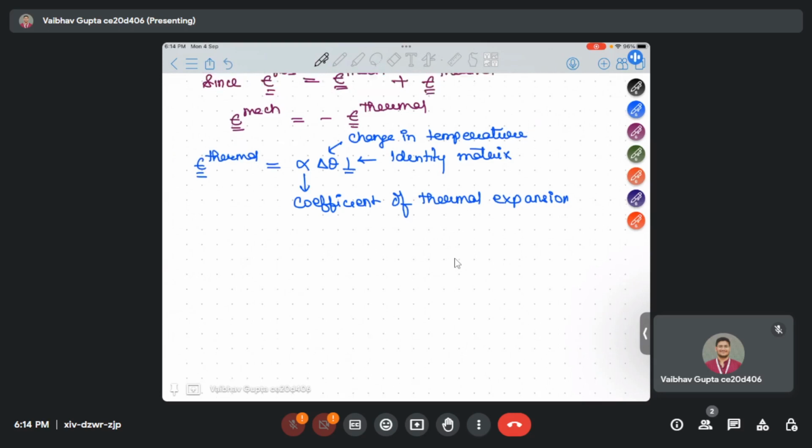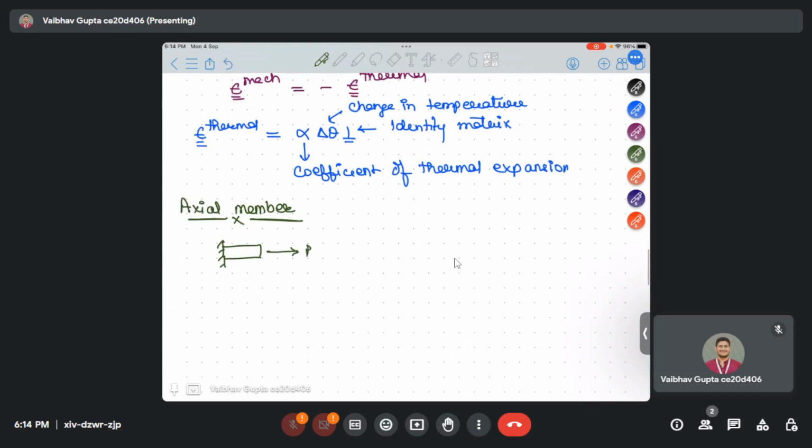So suppose I take an axial member. Suppose this is the member and a load P is applied here. So what is the state of stress? It's nothing but a uniaxial state of stress, P by A, and in other directions also 0.